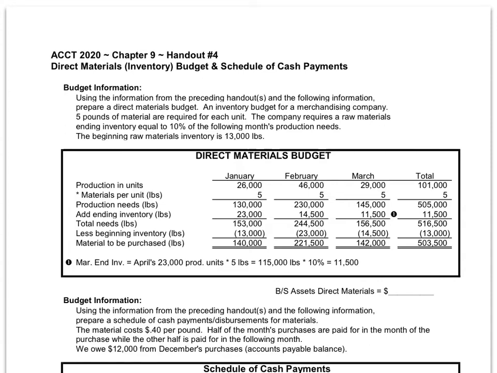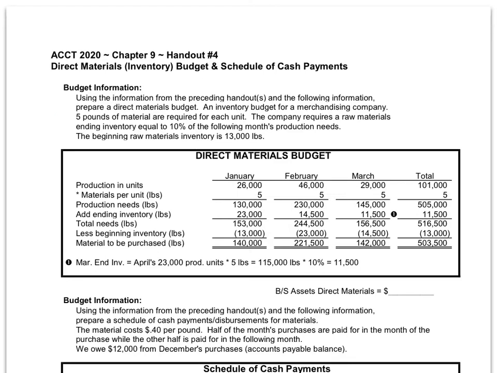All right, direct material budget. That's what we're looking at here. We've got this production in units from our production budget, and so we've just copied down these numbers right from the production budget. 5 pounds of material are required for each unit.